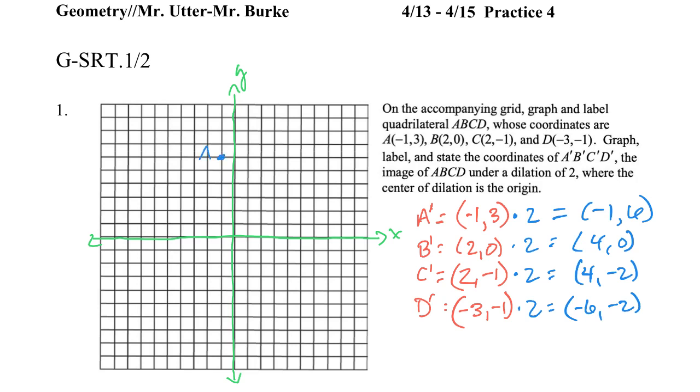This is our A prime. 4, 0, right there, that's our B prime. 4, -2, C prime, and -6, -2, D prime, and then just connect the dots. And bam, there we go. All right, not terrible.